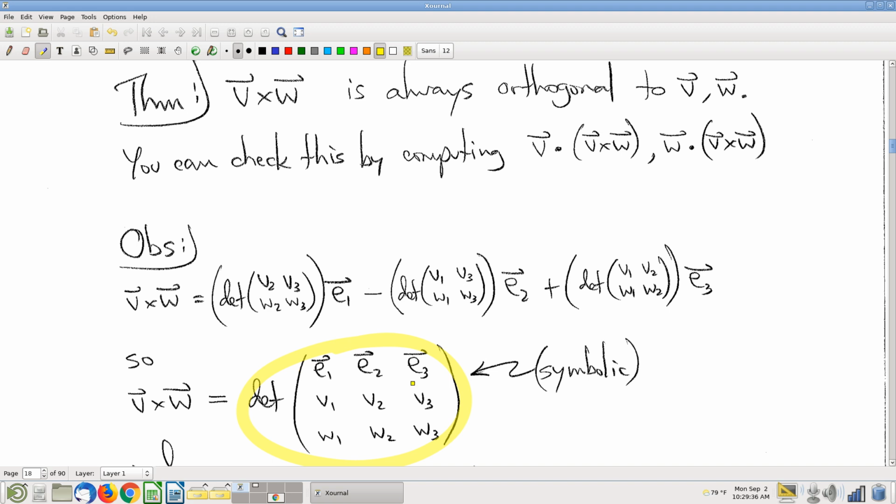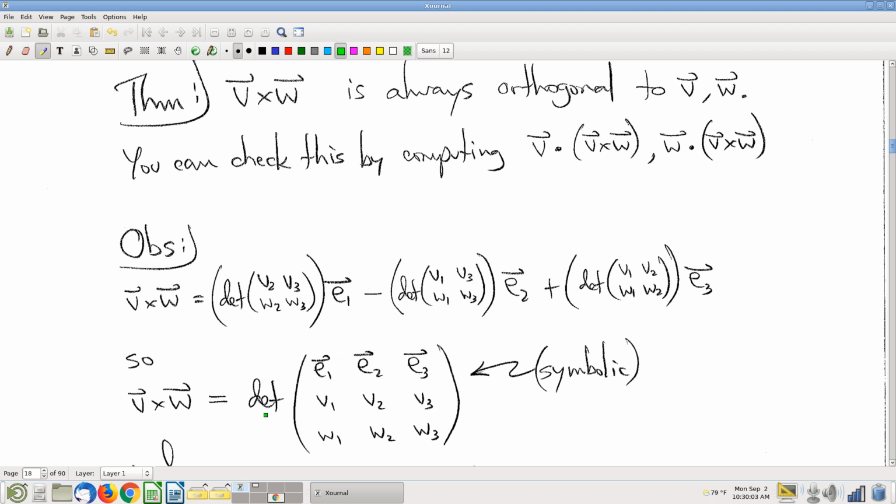Okay. Now, complaint. Hey, wait a minute. I thought matrices had to have elements that were numbers. What gives here? I have a matrix, one of whose elements is a vector. You can't do that, right? So okay, fine, true. That's a little bogus, right?